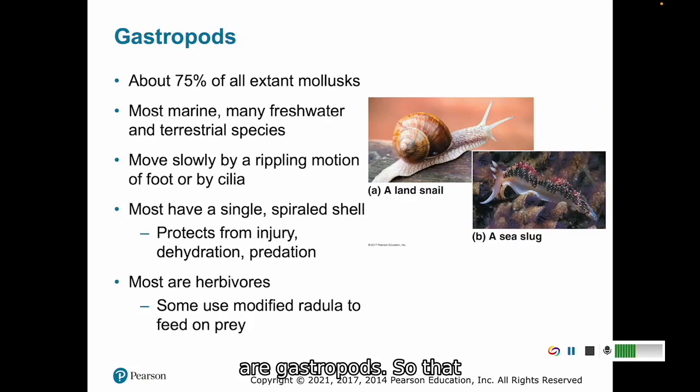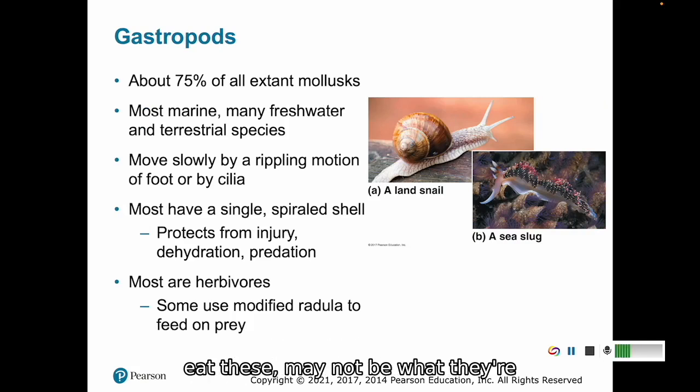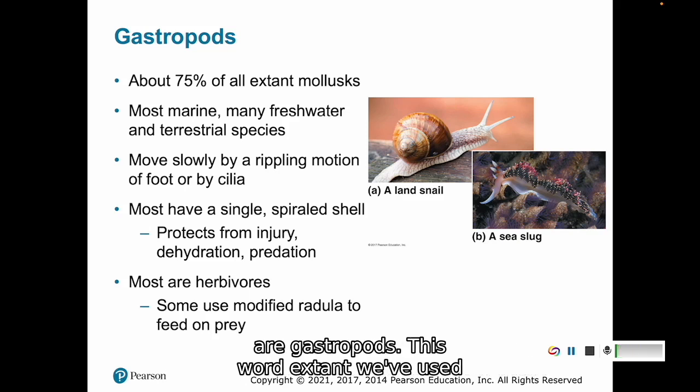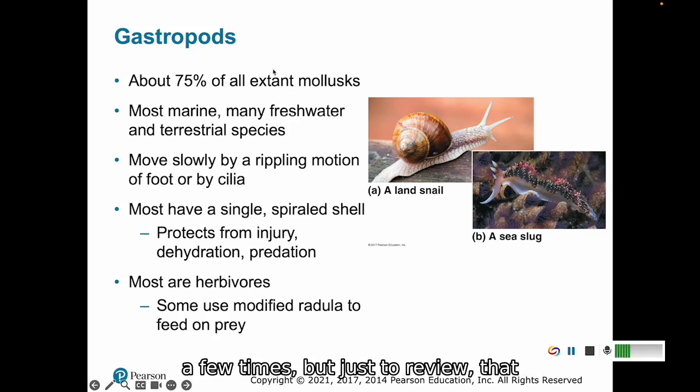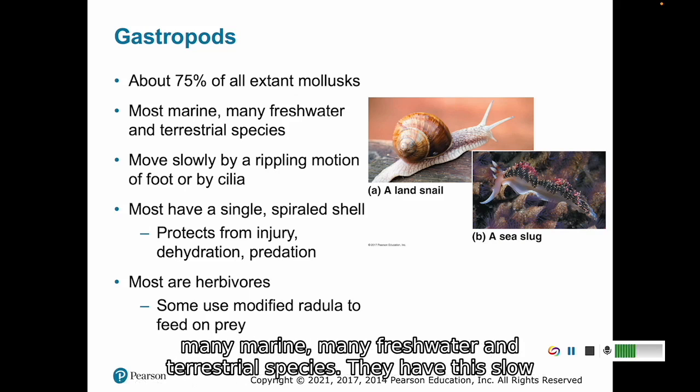Next are gastropods. That gastro, I think of eating. Sometimes people eat these. May not be what they're named after, but that's how I think of them. About 75% of all extant mollusks are gastropods. This word extant we've used a few times, but just to review, that means the opposite of extinct, species that are still on Earth. Gastropods have many marine, many freshwater, and terrestrial species.